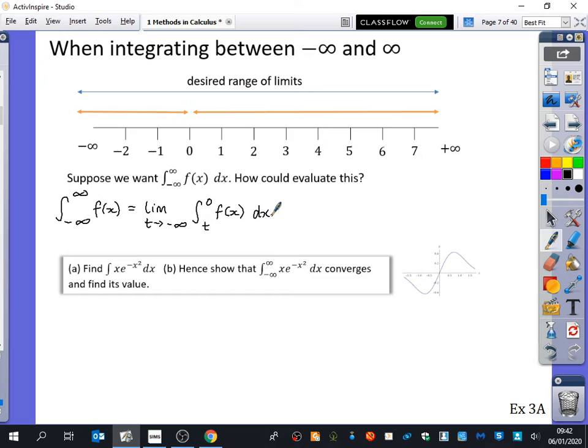So this is going to deal with our from negative infinity to 0, plus the limit as t goes to infinity of the integral between 0 and t of f of x dx. Oh, I forgot the dx at the very beginning. Very bad of me.